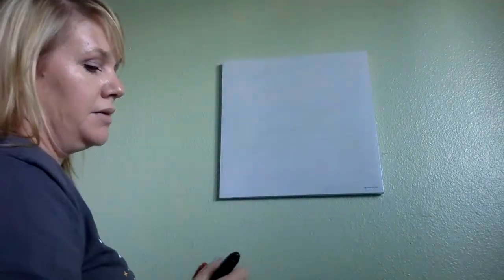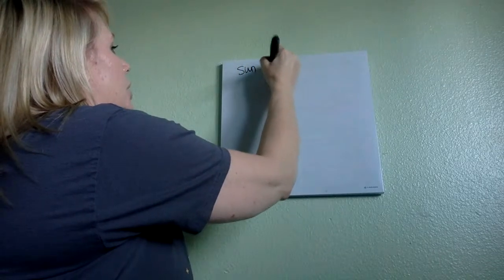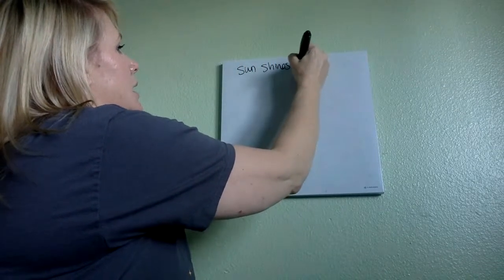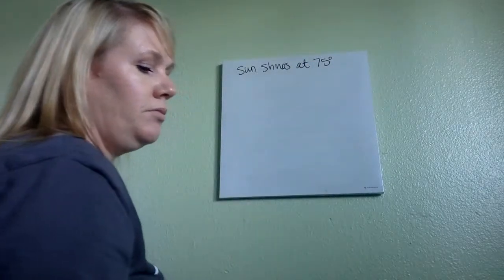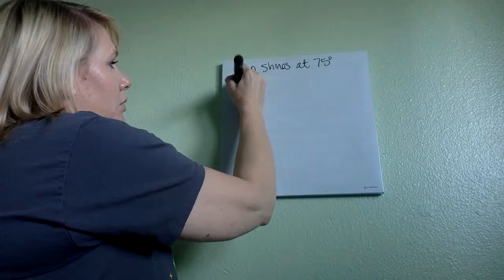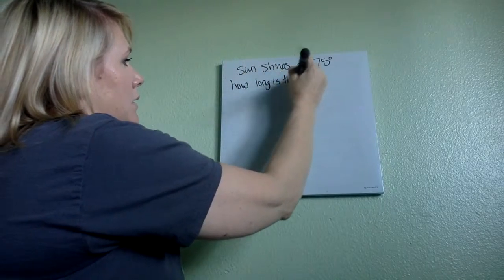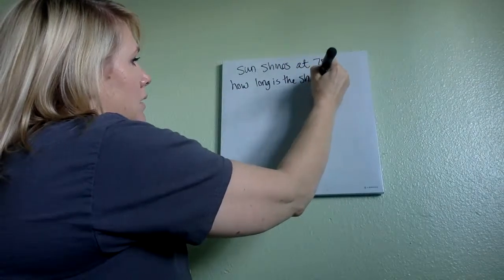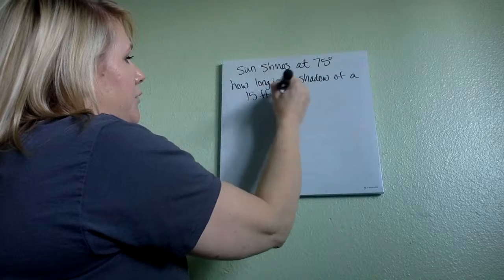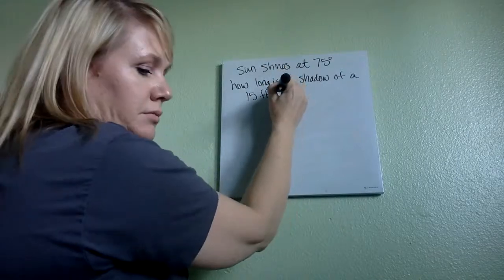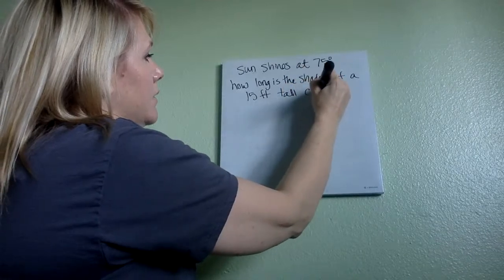Okay, so this one is a word problem application. The sun shines at 75 degrees with the ground. How long is the shadow of a 15 feet tall cactus?